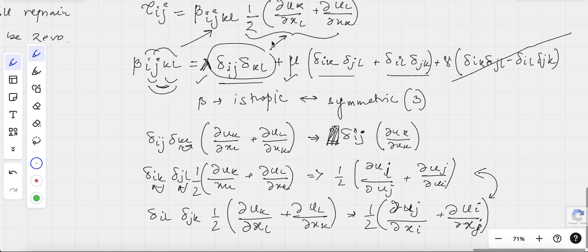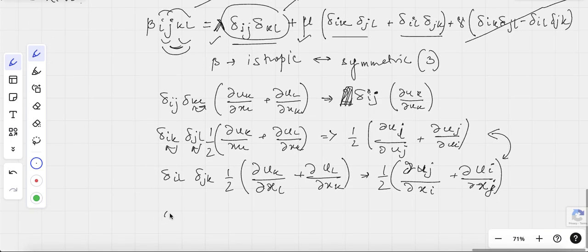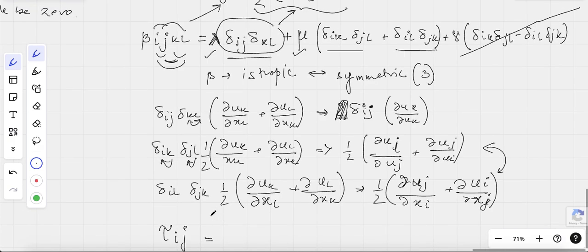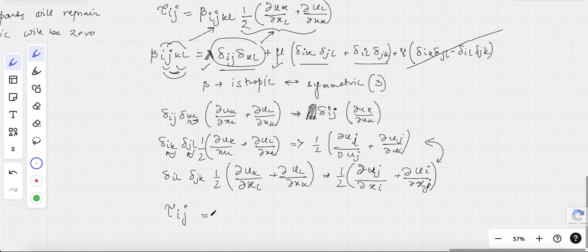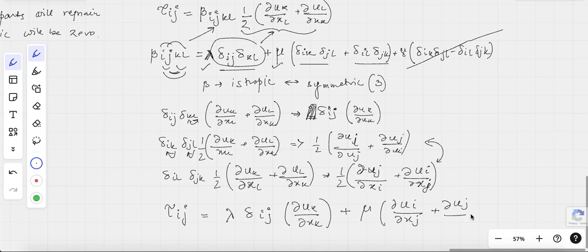We will have tau ij is equal to lambda delta ij du_k by dx_k plus mu times du_i by dx_j plus du_j by dx_i.